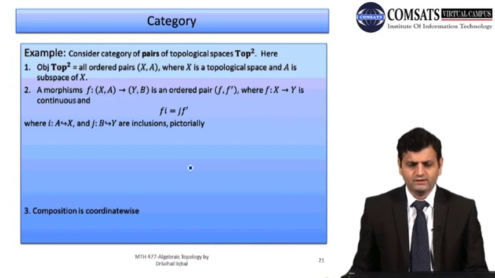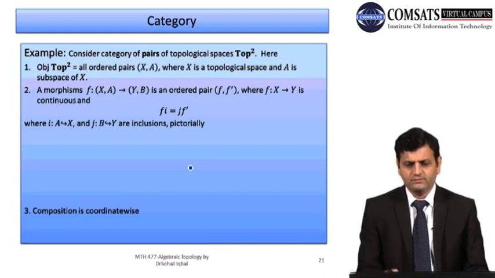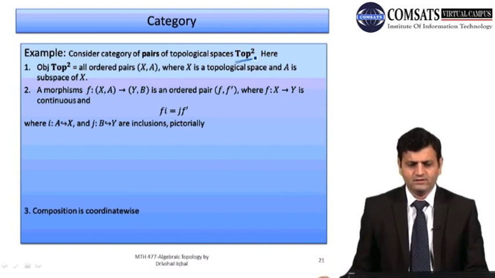Now we also know that the category of topological pairs, or pairs of topological spaces, is denoted by Top 2. The objects are basically topological pairs, and the morphisms are, as we discussed, continuous functions from X to Y such that f of A is contained in B, and all other properties are also satisfied.